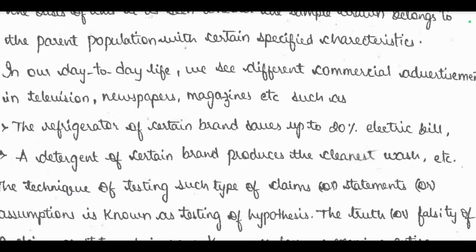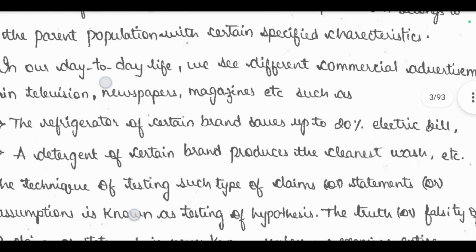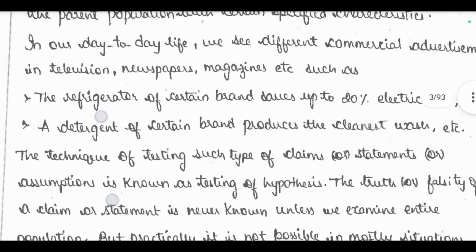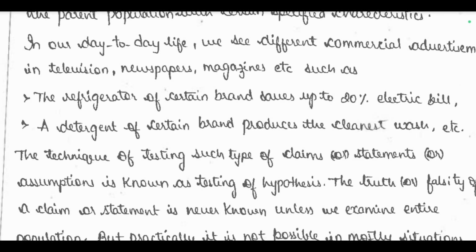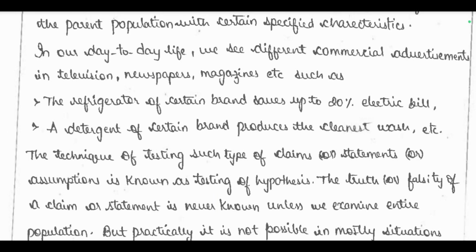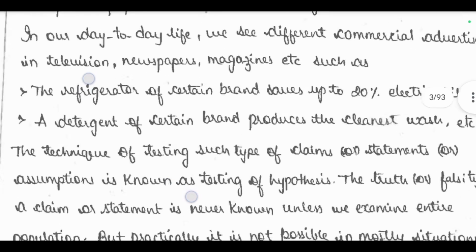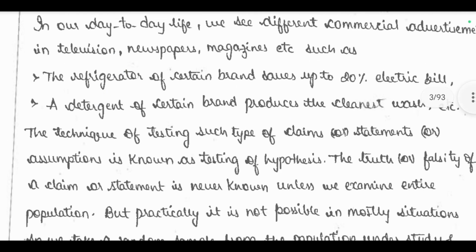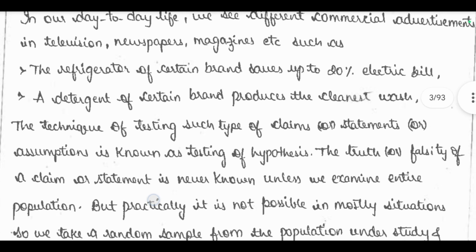Like that, a detergent of a certain brand produces cleanliness of wash, etc. They are giving one statement about their brands to attract the customer. So here we have to test the statements. So this belongs to the population parameter.